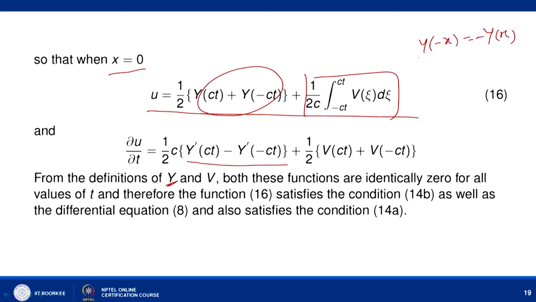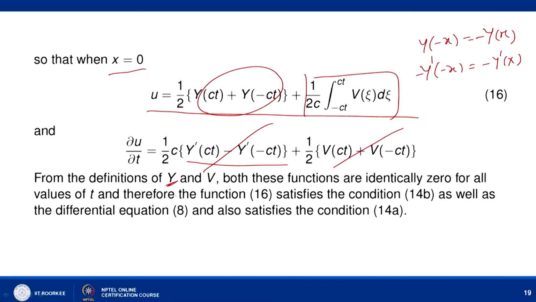So, when you differentiate it, you will get y'(-x) equals y'(x). So, using this, this quantity is 0 and that quantity is 0. So, u(0,t) is going to be 0 and ∂u/∂t at x equal to 0 is going to be 0.